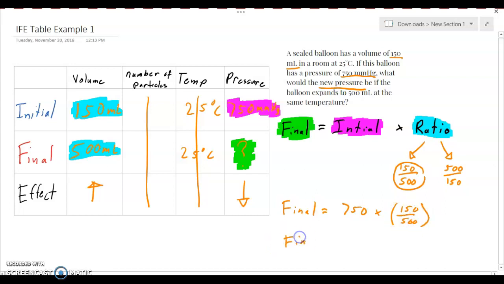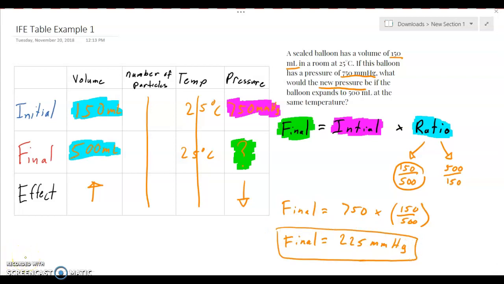That means that my final pressure will equal 225 millimeters of mercury. Once again, from my previous laboratory knowledge, I should at this point know that when volume increases, pressure will decrease if the number of particles and temperature are held constant.